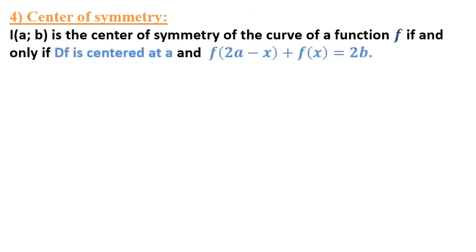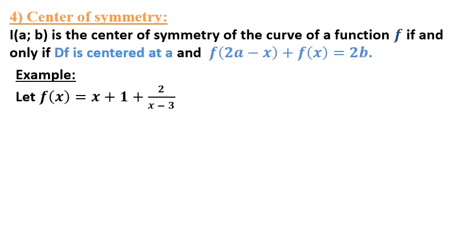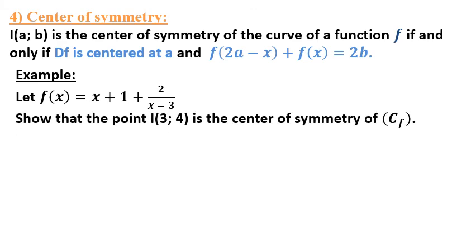Center of symmetry. The point I of coordinates (a, b) is the center of symmetry of the curve of a function f if and only if the domain of definition of f is centered at a and verifies the condition f(2a - x) + f(x) = 2b. For example, let f(x) = x + 1 + 2/(x - 3). Show that the point I of coordinates (3, 4) is the center of symmetry of the curve Cf.